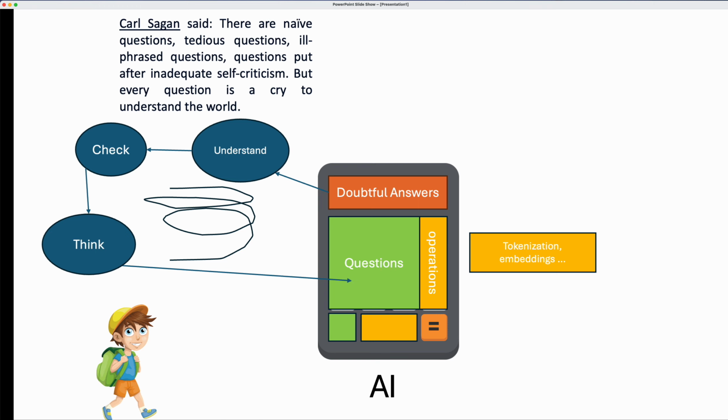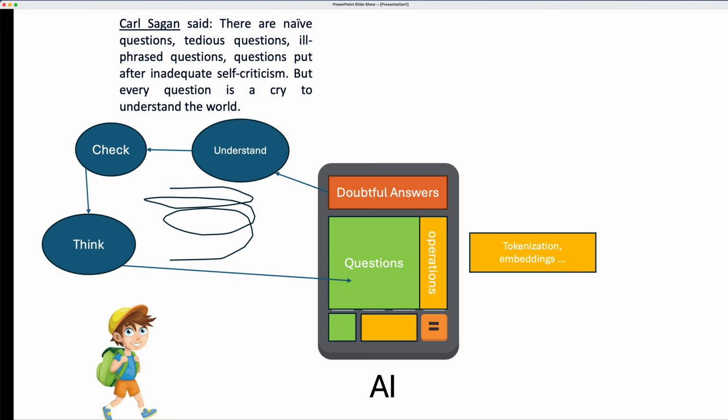And this is what Carl Sagan expressed in his book, saying there are naive questions, tedious questions, but every question we ask will make us better and the world better and will help us to improve our knowledge. So today we have the advantage of having a tool that allows us to ask any kind of questions until we understand.